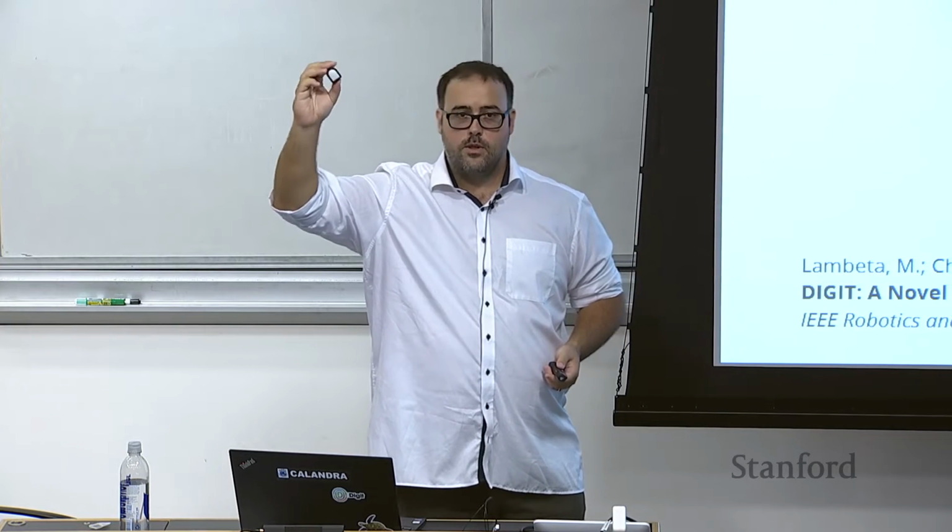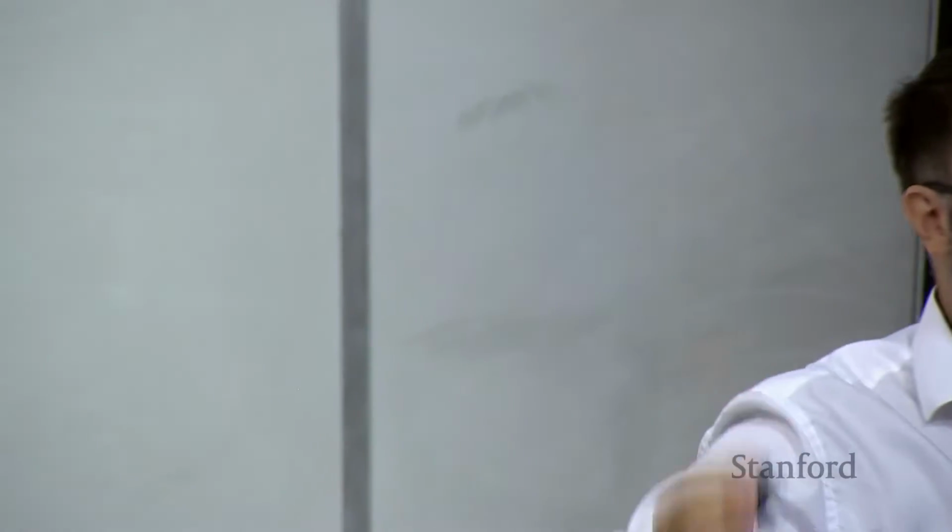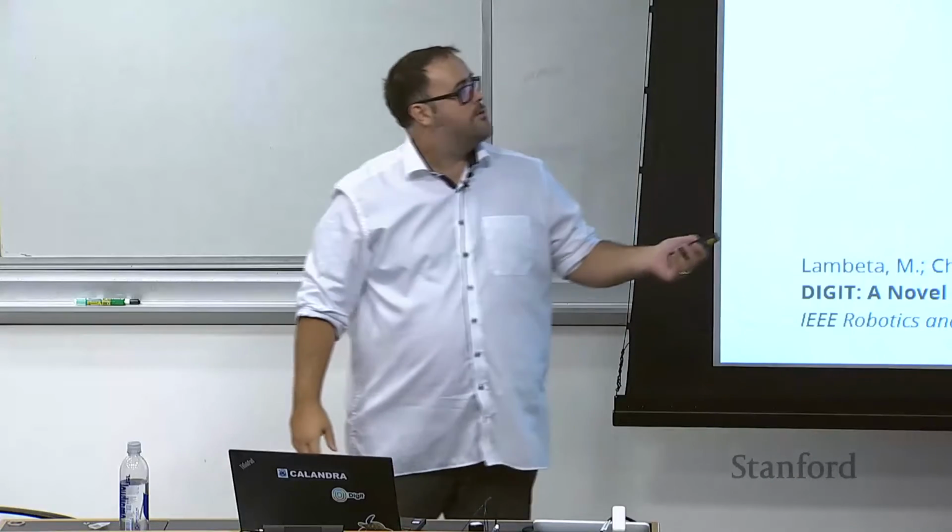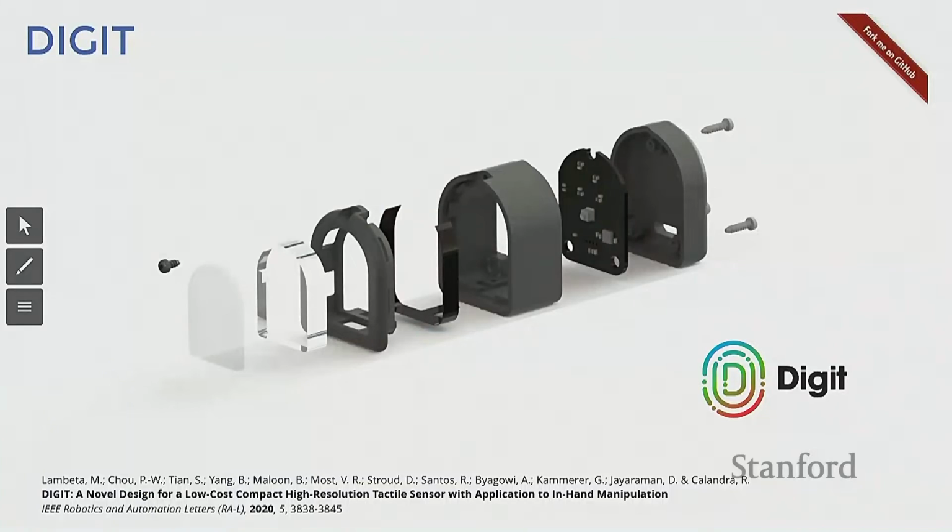You can actually 3D print it at home. Everything is available online, so you can literally go home, 3D print it, buy a piece of electronics from a standard PCB vendor, plug it in, and this sensor will basically work. It was designed to be cheap, reliable, mass manufacturable, and really accessible to anybody.